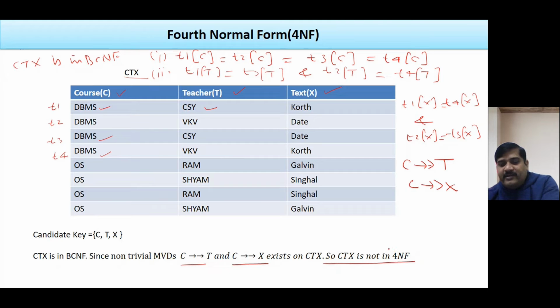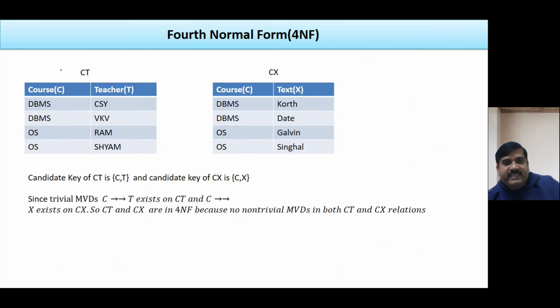Now, for removing these non-trivial MVDs, we decompose CTX into CT and CX. In the CT table, we will keep the attributes course and teacher, and in CX, we keep the course and text attributes. Here also C multi-value determines T, but in this case it is a trivial MVD. Why trivial?